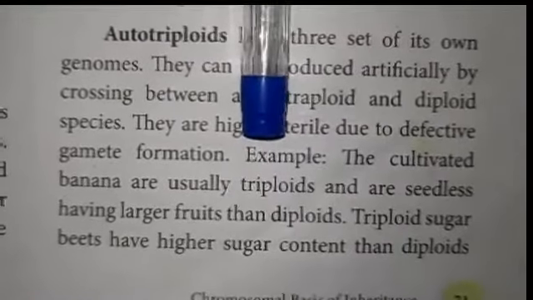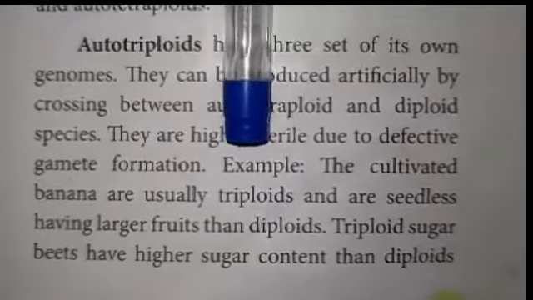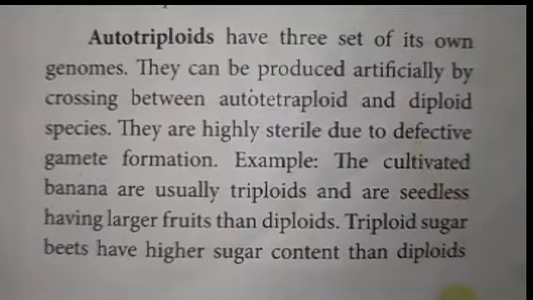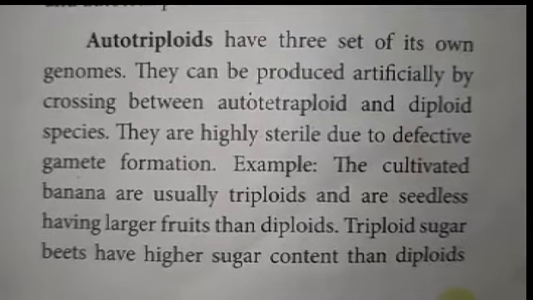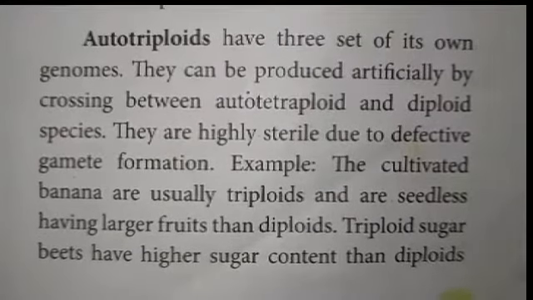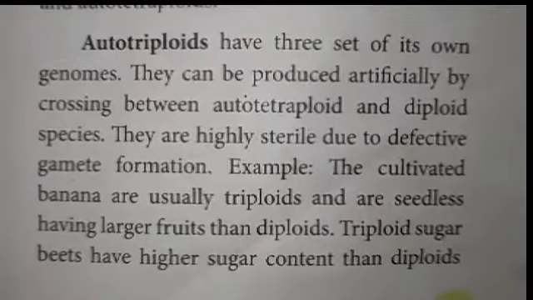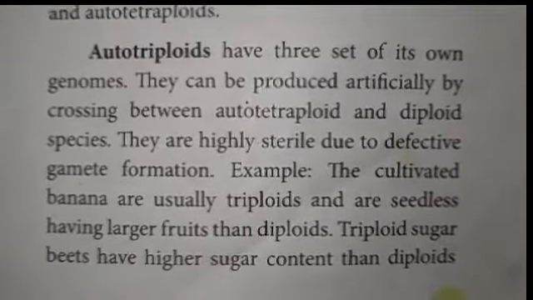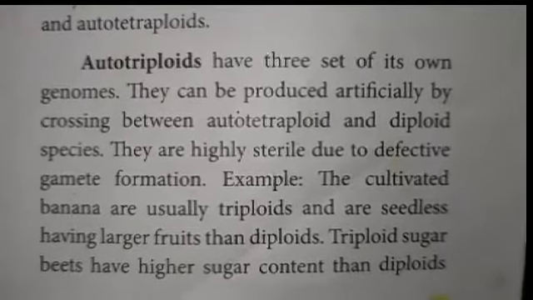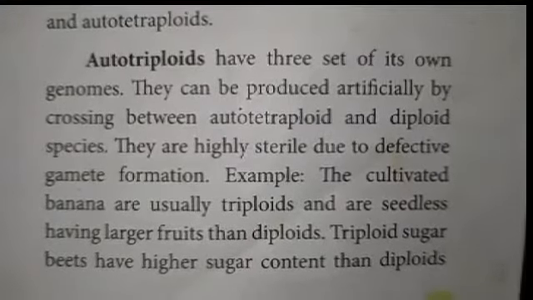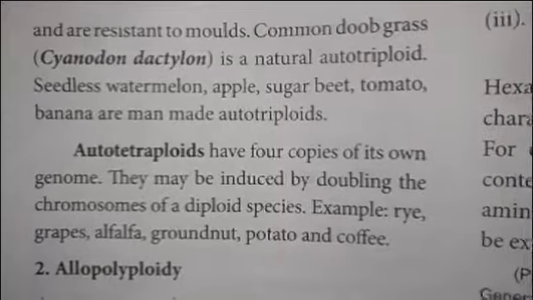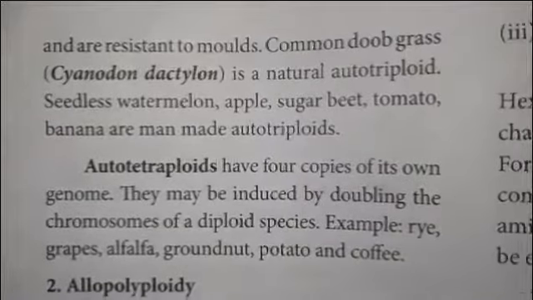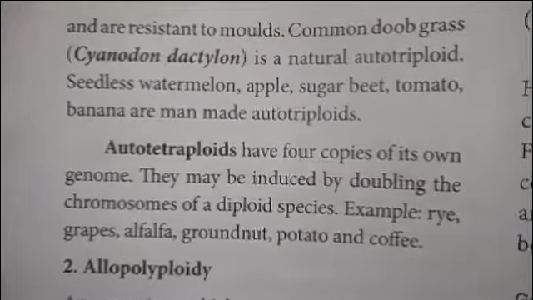Triploid sugar beets have a higher sugar content than diploids, and they are also resistant to molds, which are fungi.